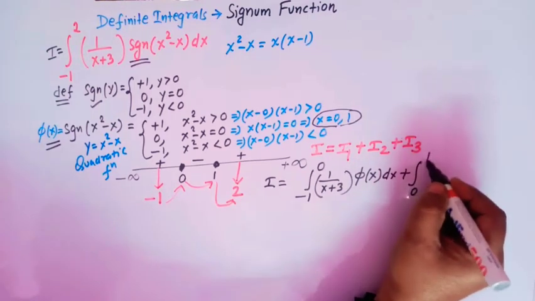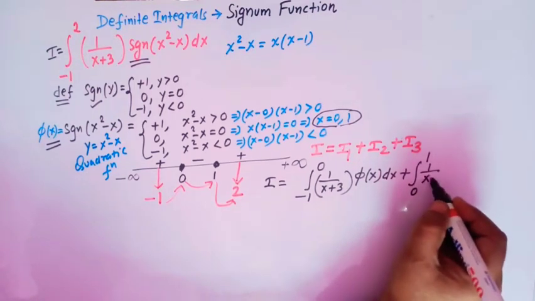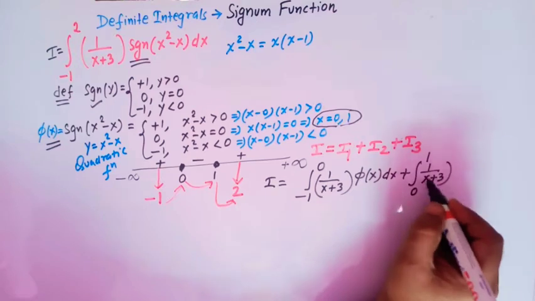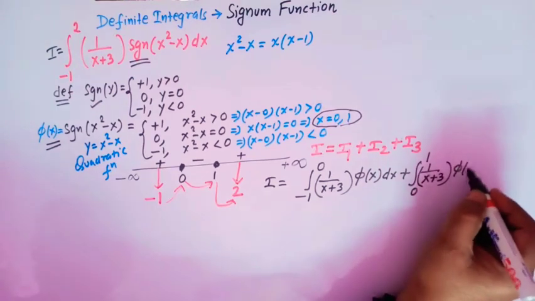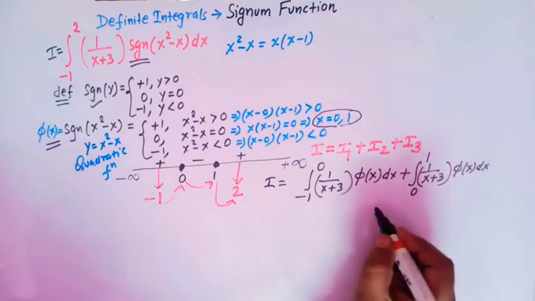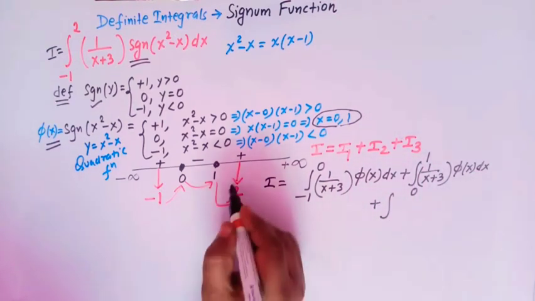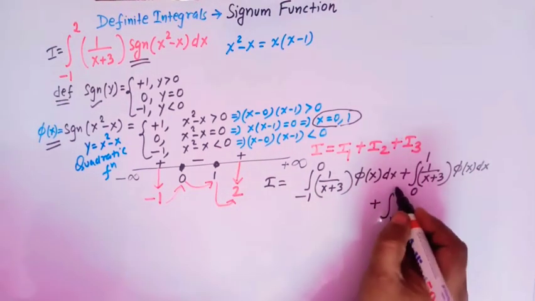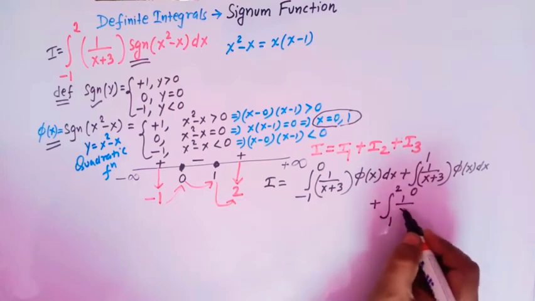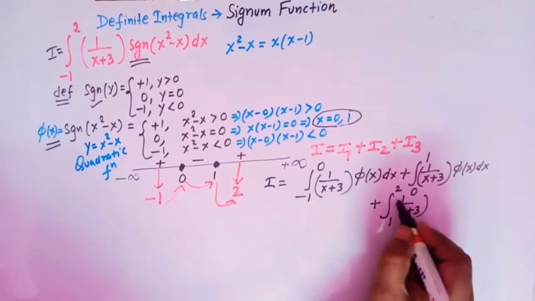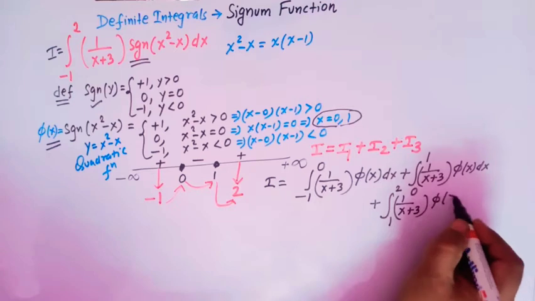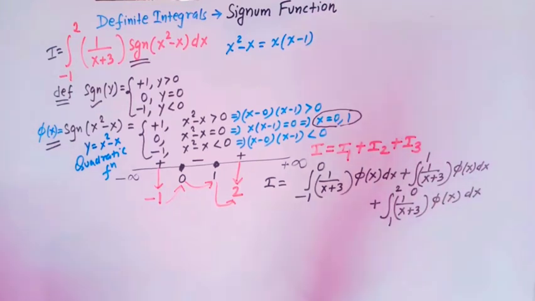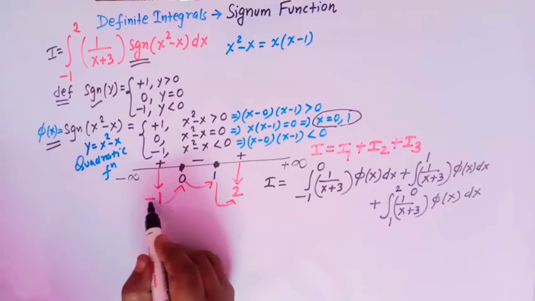From 0 to 1, and here we have the integrand 1 over x plus 3 and phi of x dx, and then we have the integral from 1 to 2, and the integrand is 1 over x plus 3 phi of x dx, right? So these are the three integrals, right?